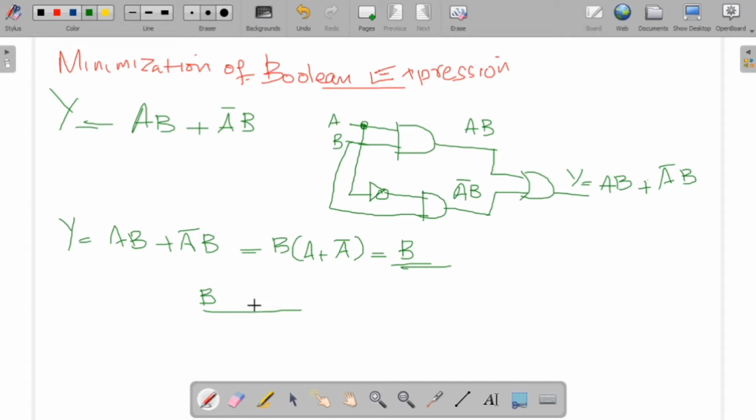So we don't need any gates in order to realize the equation ab plus a bar b, because it can be simply reduced into b, and you need just a line b. Even the input line a itself is not required. You need only a line b, which is the output of the equation. We will see another example.